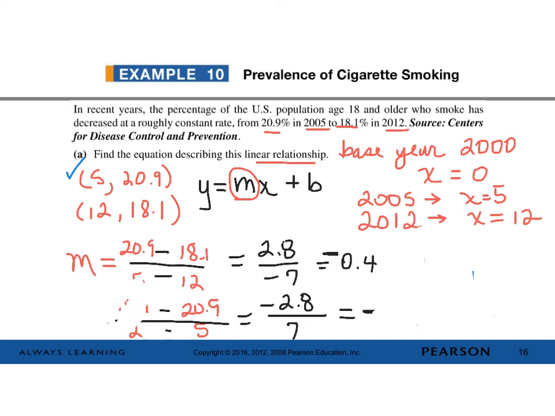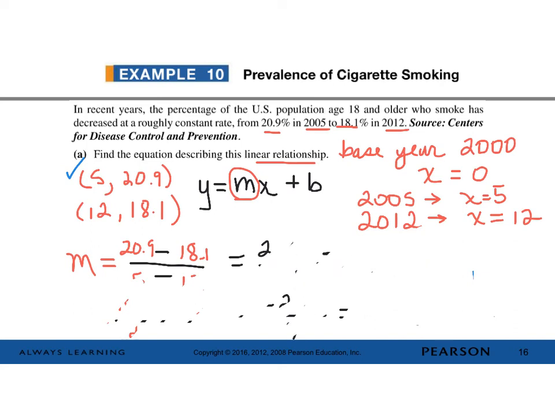And since we've already shown that both of these work, I'm just going to write what the slope is there. So again, our slope is negative 0.4.